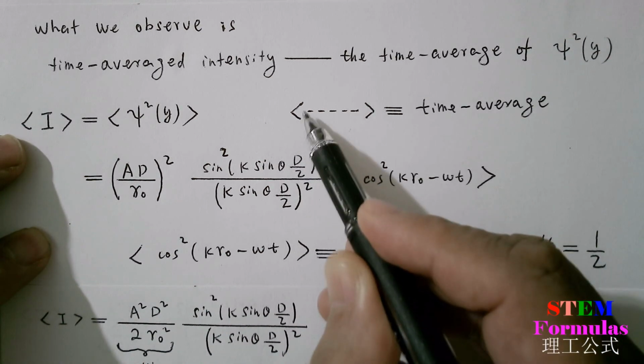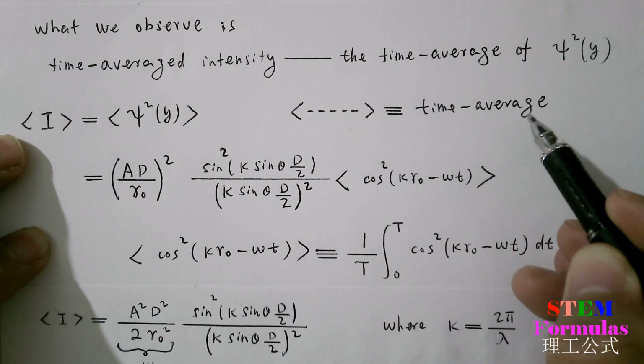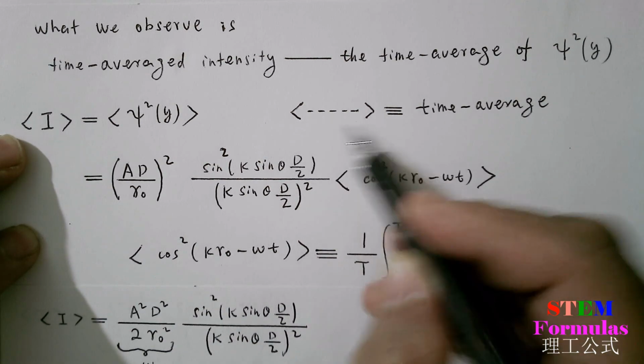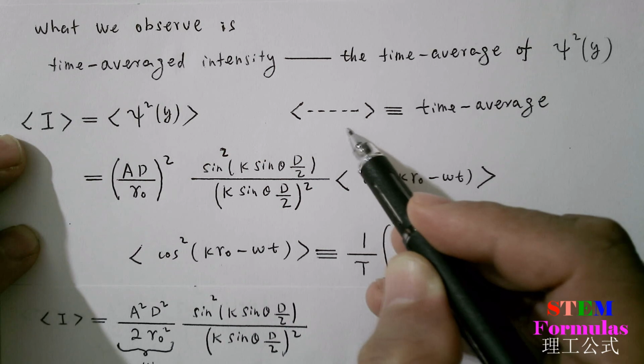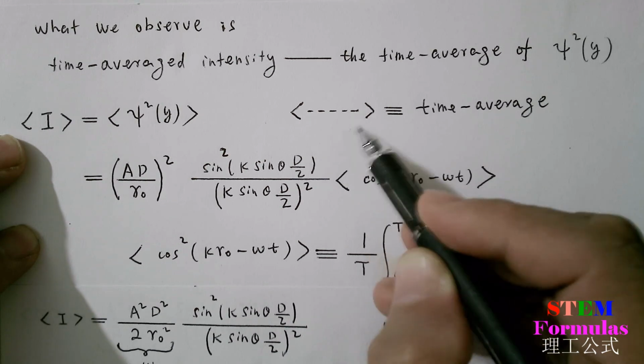We use an angled bracket to indicate time average. Using this kind of bracket to indicate average is due to Dirac in his book on quantum mechanics.